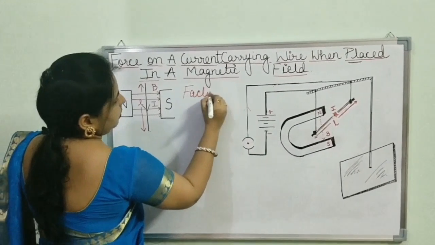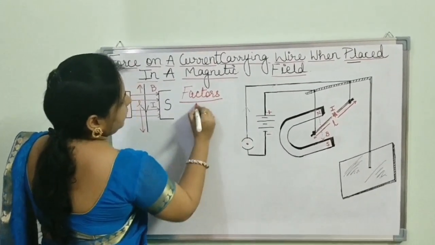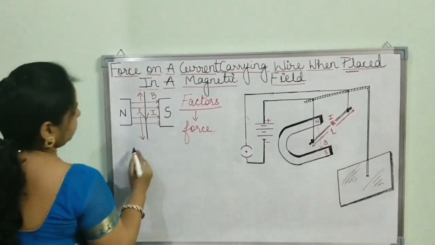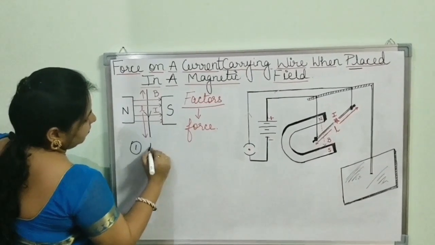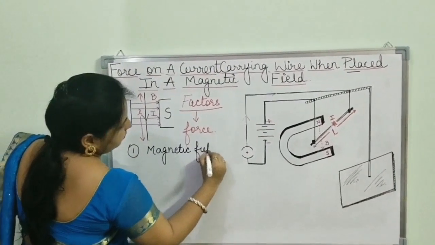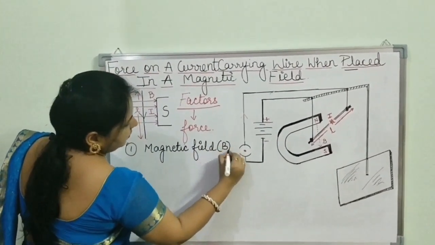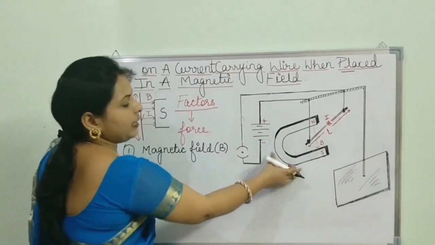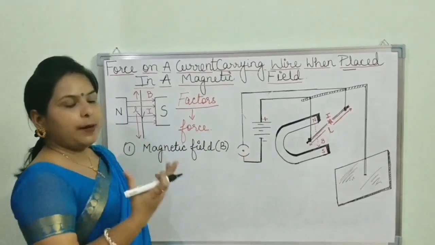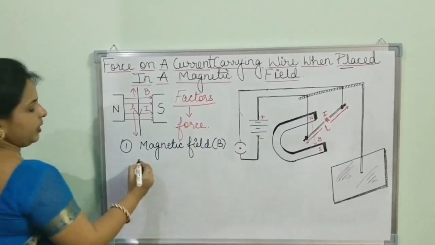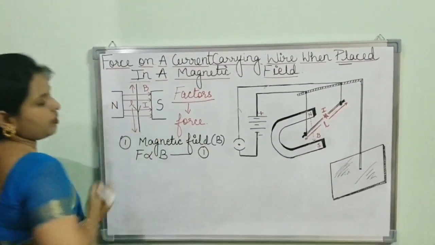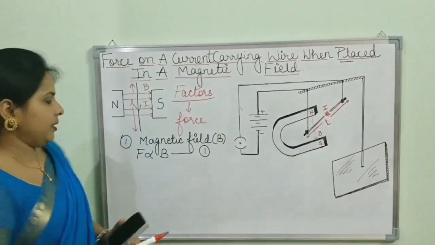The first factor is the strength of magnetic field, that is capital B. If you increase the power of this magnet, if you take a horseshoe magnet or a magnet of high power, then the strength of magnetic field will increase and hence the force on the wire will also increase. So the first factor is the strength of the magnet.